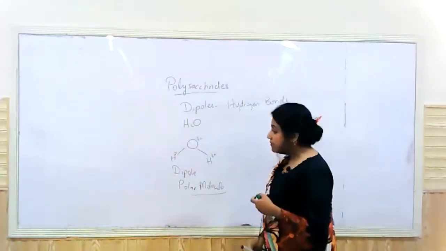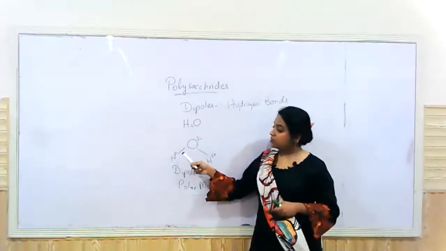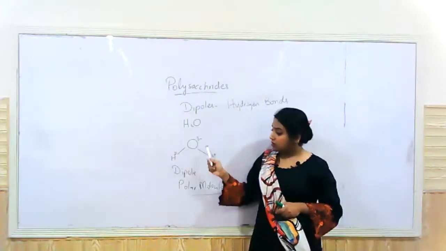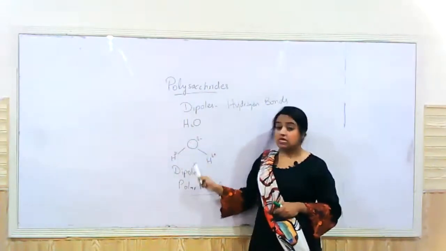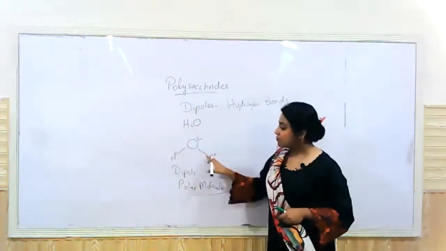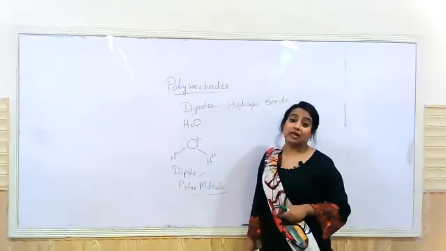That atom gets a partial negative charge, and the other one gets a partial positive charge. Because of that, two poles are created within the same molecule. These poles make this molecule a polar molecule or a dipole.